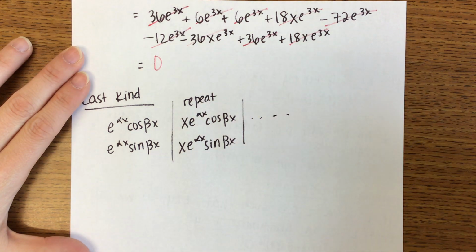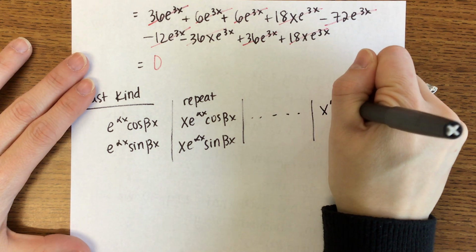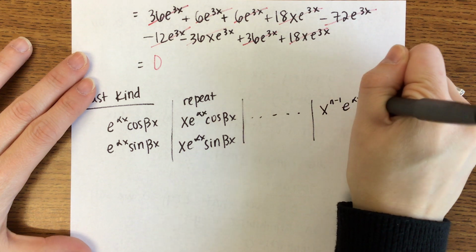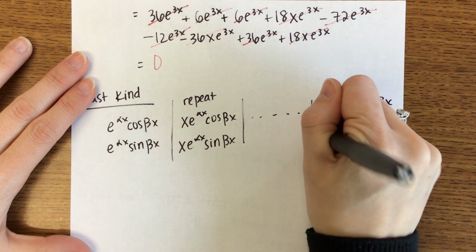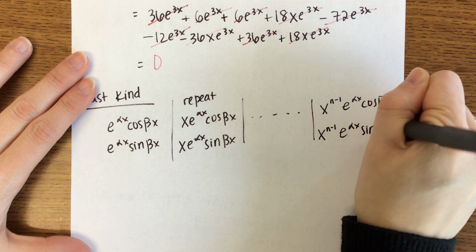And those repeating roots could keep going. If they repeat n times, then you'll have x to the n minus 1, e to the alpha x cosine of beta x, x to the n minus 1, e to the alpha x sine of beta x.